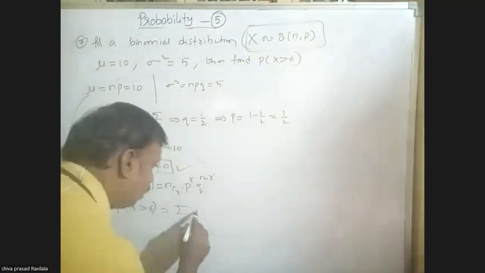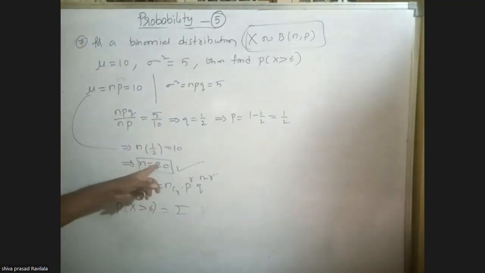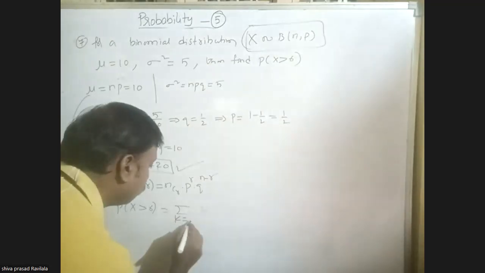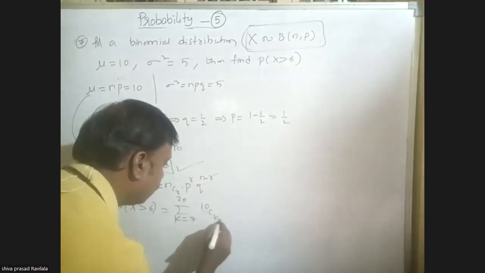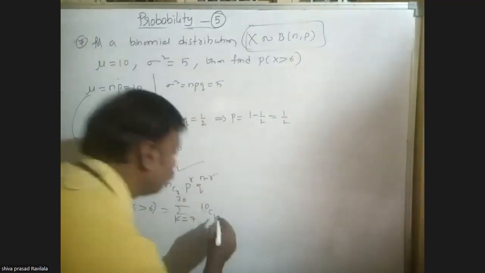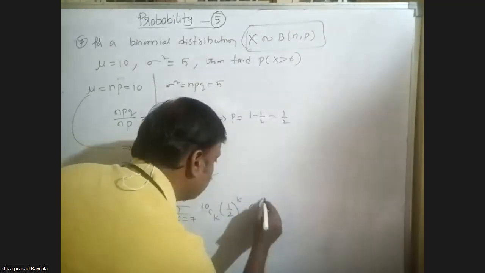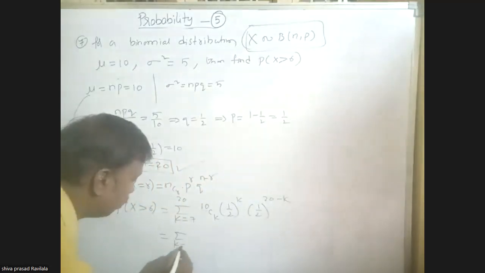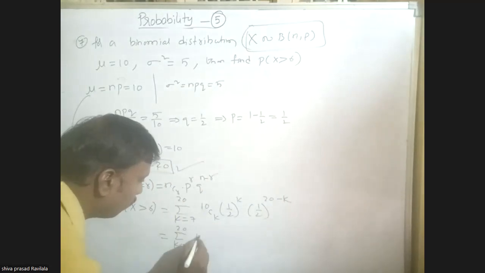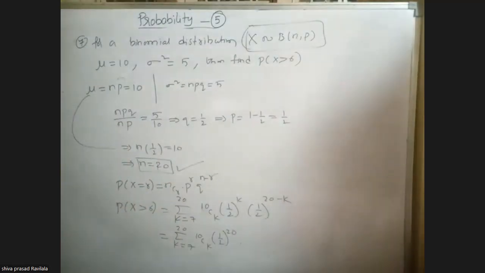K is equal to 7 to 20, nCk into p power k, where p is 1 by 2, into 1 by 2 whole power 20 minus k. Already I said, when these two are equal, you directly write only one with degree n: 1 by 2 whole power 20, for k equal to 7 to 20.